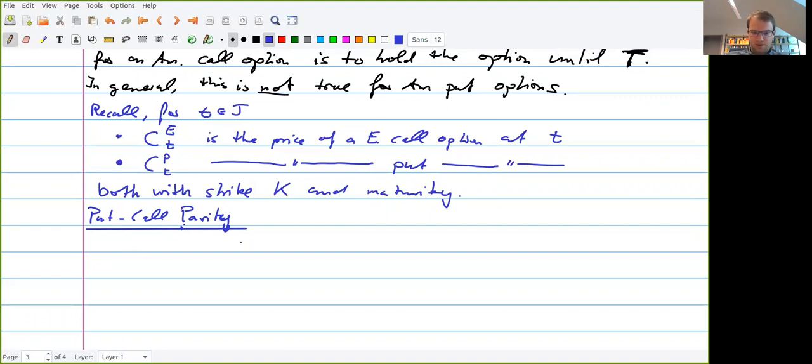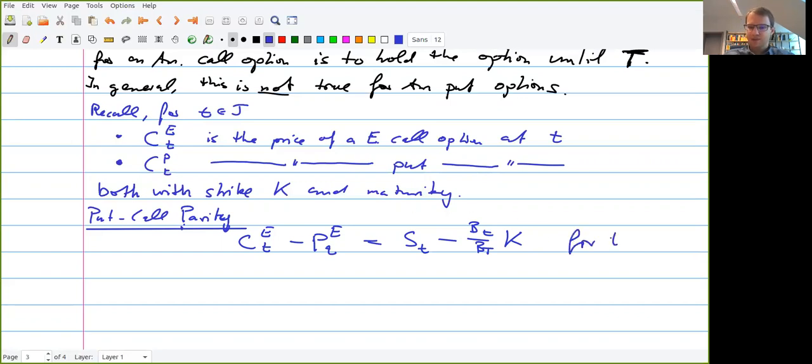So what do we know here? The price of the European call option at time t minus the price of the European put option is equal to the price of a forward contract. It's just a forward contract, and this is the price. Okay, so that's nice.